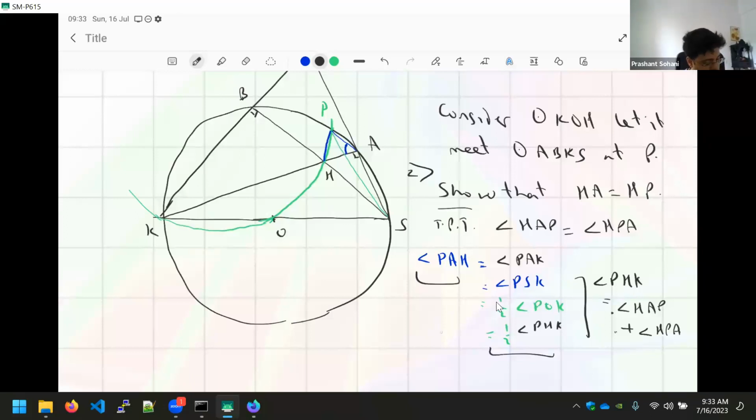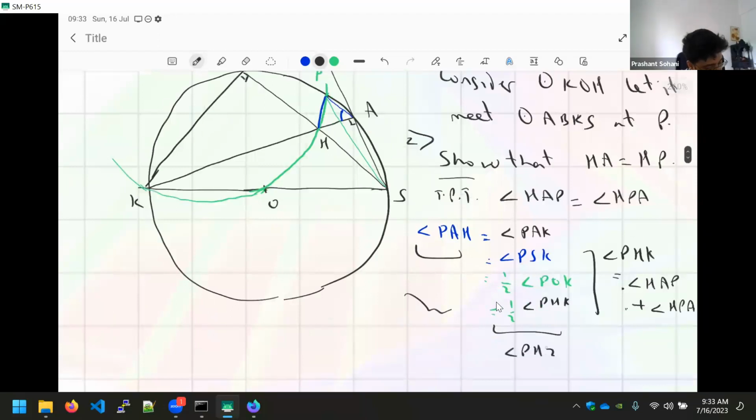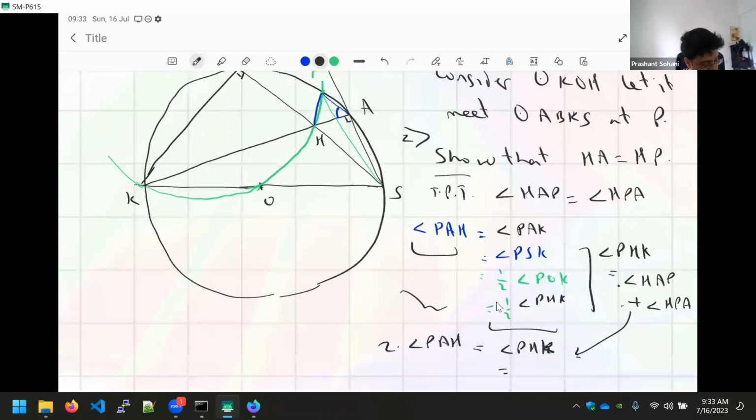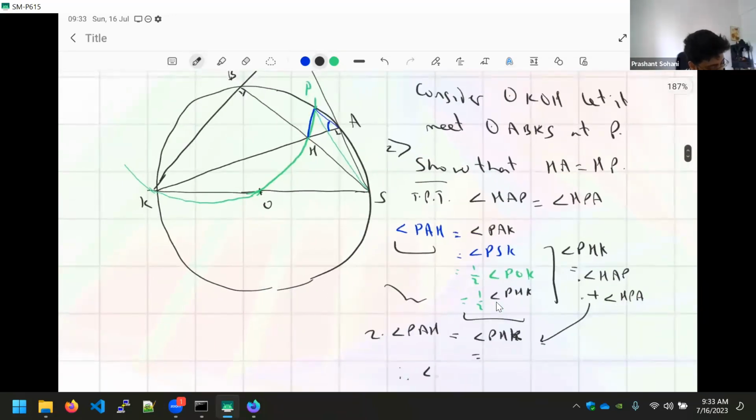Right. So, for example, here I'm getting angle PHK is 2 times angle PAH. But PHK is also equal to just this, what I wrote. And so therefore, what it implies is angle PAH is equal to angle HPA.